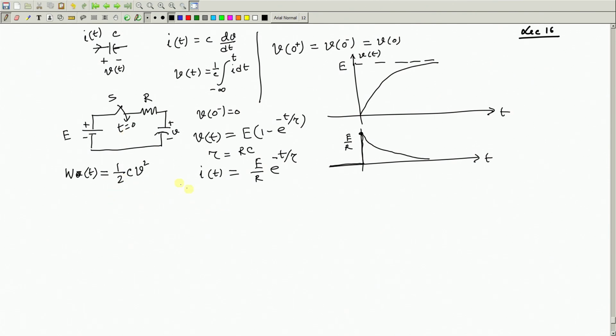So for this, what I will do is this: this is your initial circuit. I will just redraw it in a different fashion.